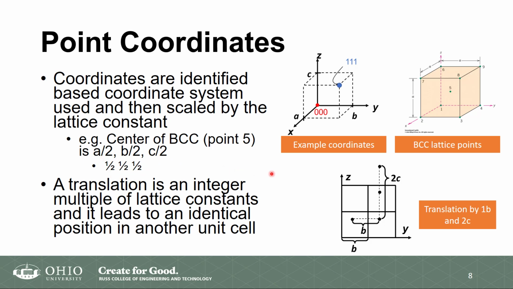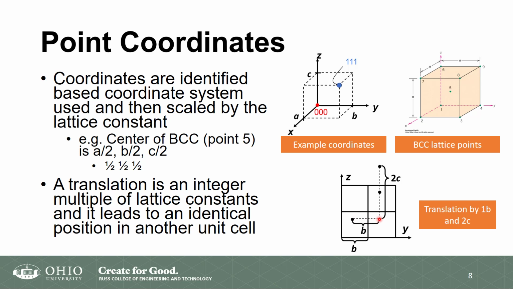The other thing to note is that a translation of a point is basically another point in a similar unit cell. So for instance, if I look at this point, which is defined by this unit cell right here, if I translate this by 1 times b, I'll move 1 in the y direction, but I would exactly have that same point again in the adjacent unit cell.